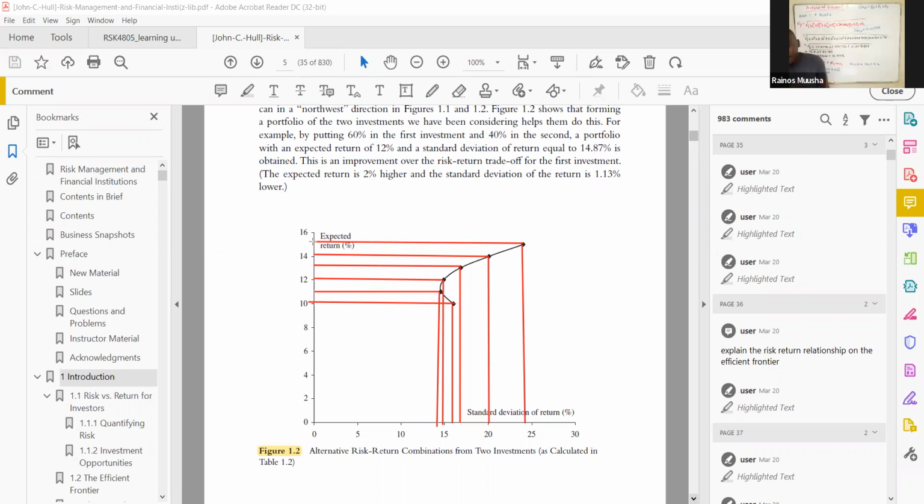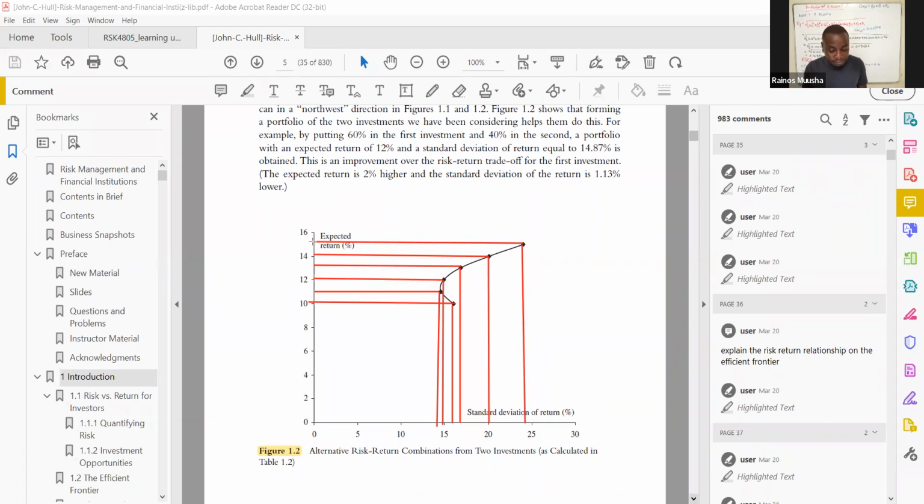So as an investor, please take note of this. As an investor, you seek to maximize the return for a given level of risk. So for a given level of risk, you want to maximize your returns.